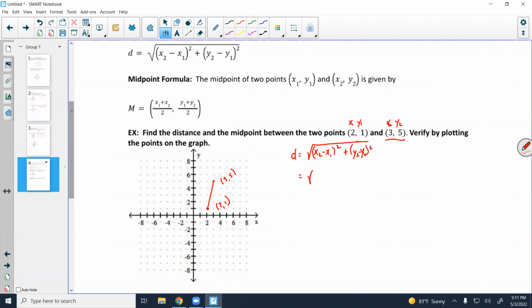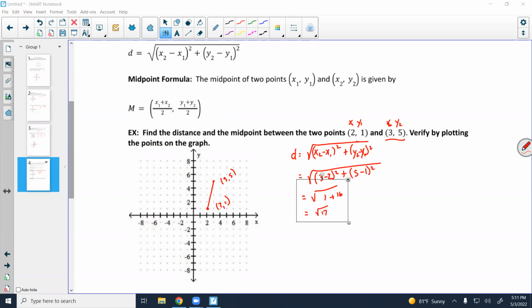So we're looking at the square root of (x2, which is 3, minus x1, which is 2) squared, plus (y2, which is 5, minus y1, which is 1) squared. So this is simply the square root of 1 squared, which is 1, plus 4 squared, which is 16, gives me the square root of 17.